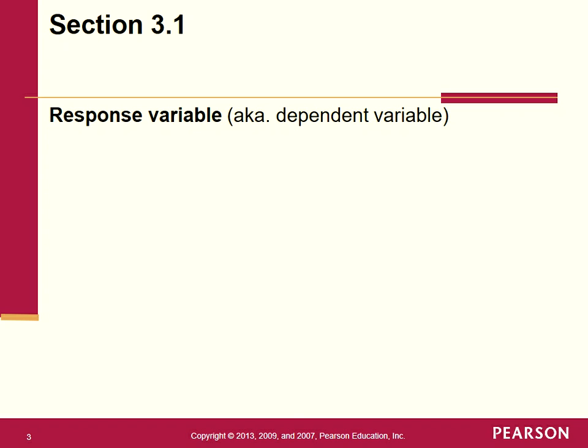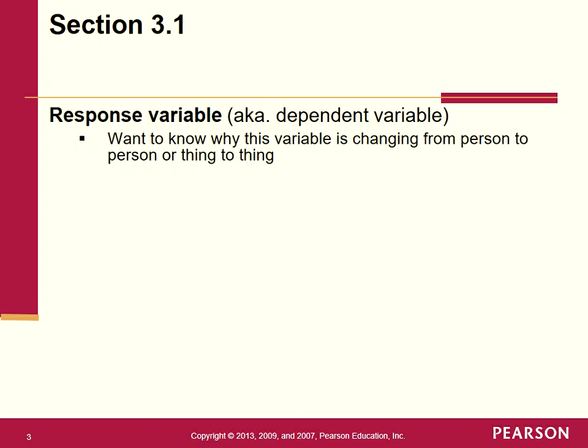This is the main variable in the study. This is the one where we want to know why this variable is changing from person to person or thing to thing. Why did one person score a 90 versus a 70 for another person? There had to be reasons for that. So the response variable is the main focus of the study.